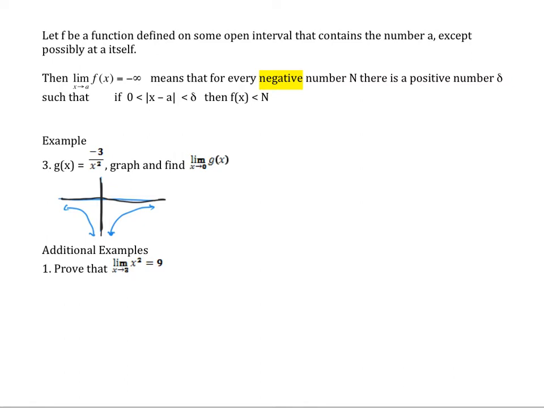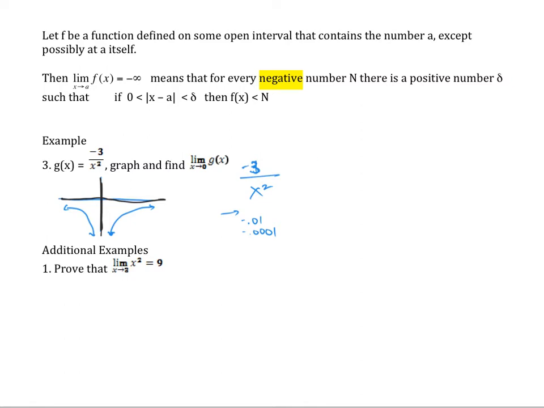As you get to 0 from the left and from the right, here's what I want you to think. I've got negative 3 over x squared. If I get to 0 from the left, so I'm coming in from the left side, that means I am at negative 0.01, negative 0.0001, getting closer and closer to 0. So it's something over a really, really small number squared.